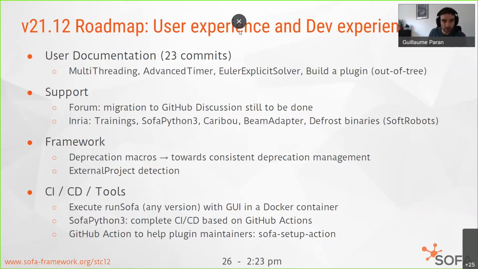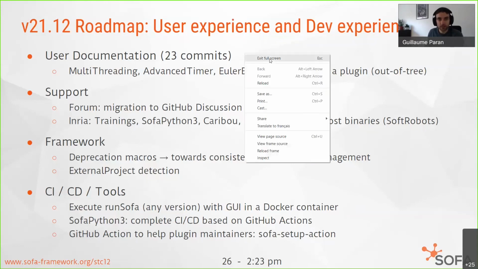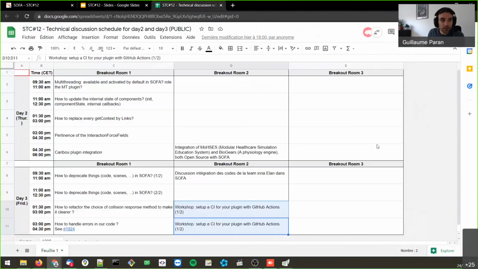So I can show you here. This is the slot. So it's Friday at 1:30. I planned two slots, so actually it's the whole afternoon to do a workshop to help you guys set up a CI for your plugins with GitHub Actions.